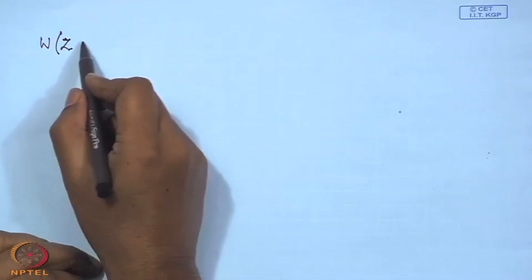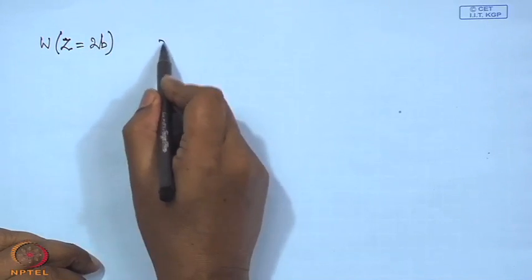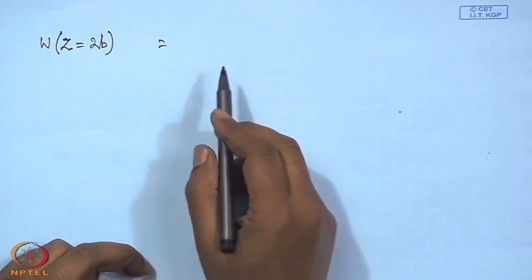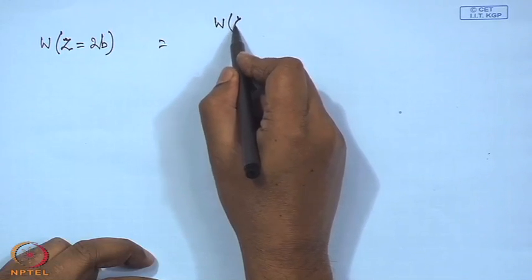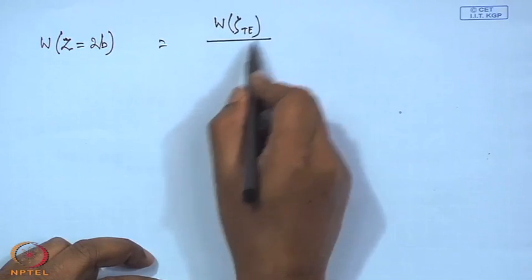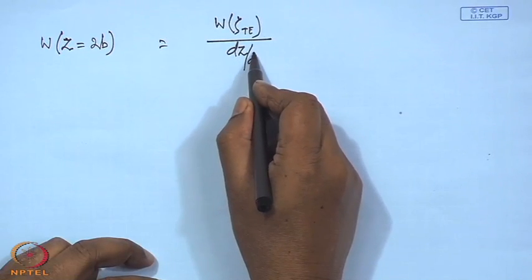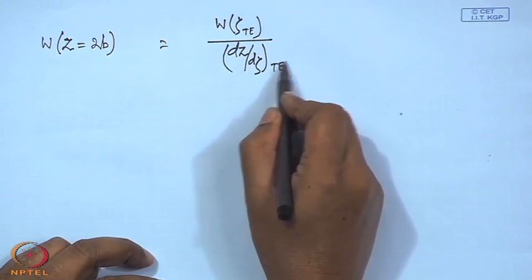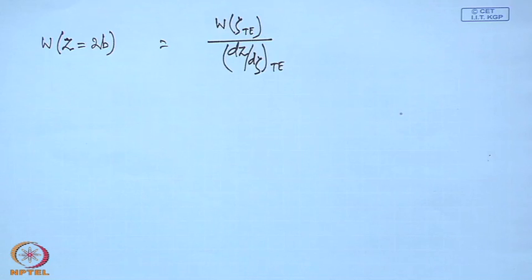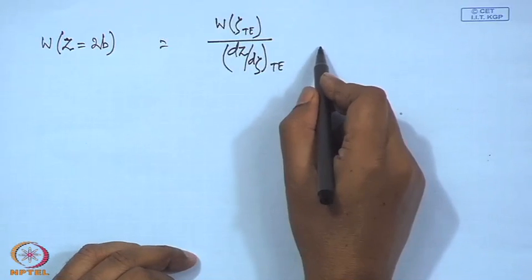So, the transformation gives z equal to 2b. This of course is indeterminate. So, we take it as a limiting case.